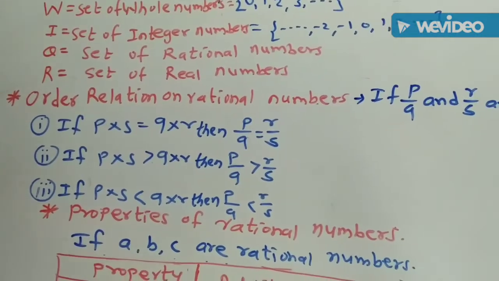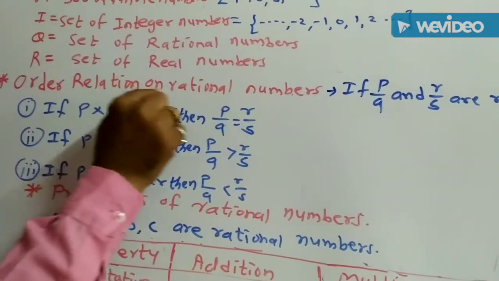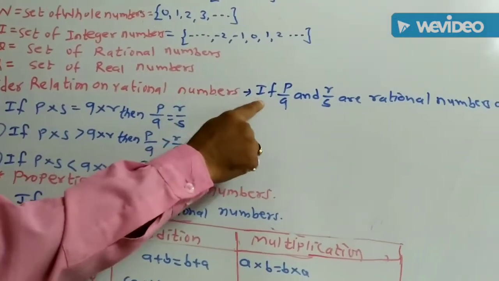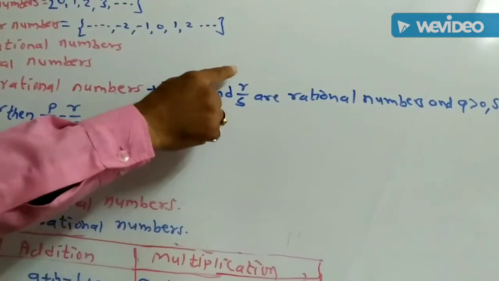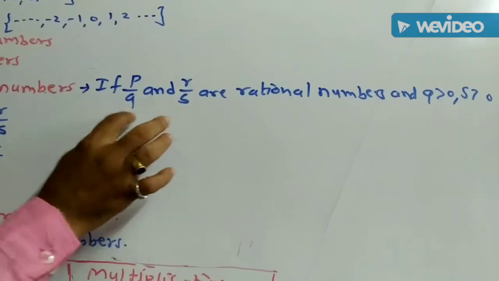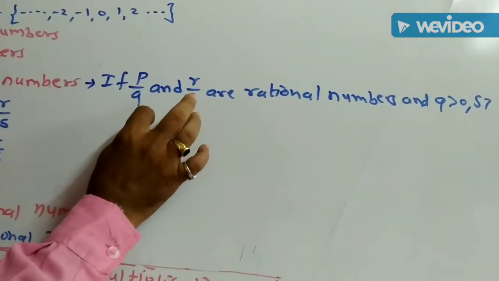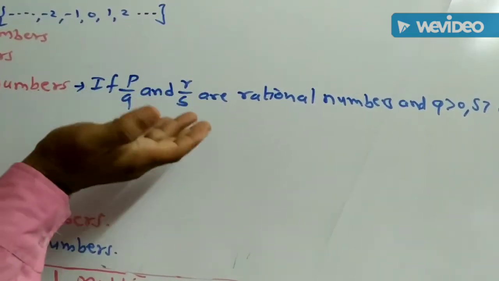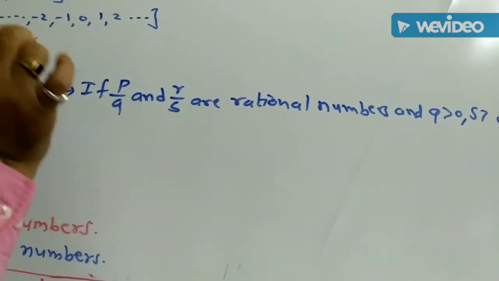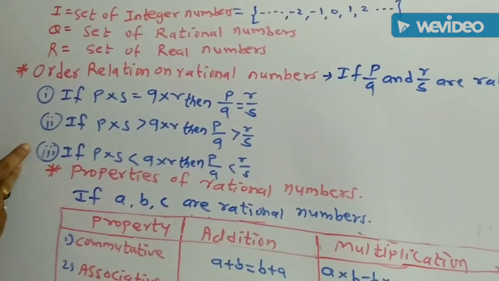Then the second topic, which we saw in class 8 in the first chapter, is the order relation on rational numbers. If P upon Q and R upon S are two rational numbers, and in this Q and S are greater than 0, that means Q and S are not 0 and not less than 0, they are always greater than 0, then to find the order relation we see three rules.